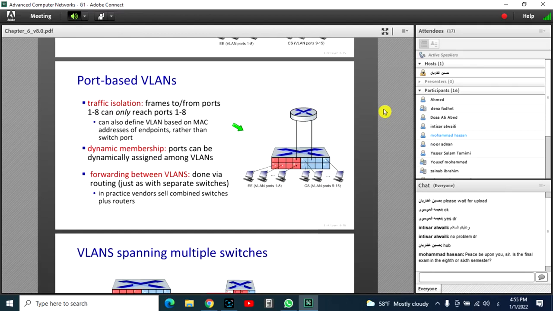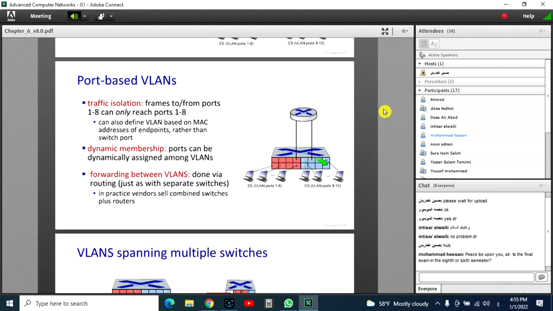When we are using port-based VLAN, firstly, the switch will isolate the traffic. The traffic of the EE VLAN is separated from the traffic of the CS VLAN.